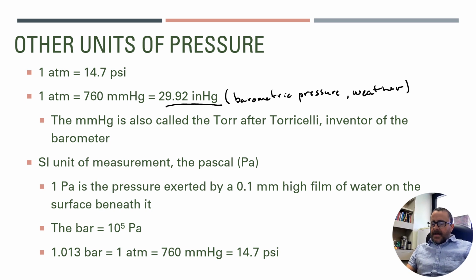All right, a Pascal is the pressure exerted by a 0.1 millimeter high film of water exerted on, say, the surface below it. And think about, 0.1 millimeters is really, really small. So if you have a 0.1 millimeter film of water, how much pressure could that actually be exerting? It is a really, really small amount.